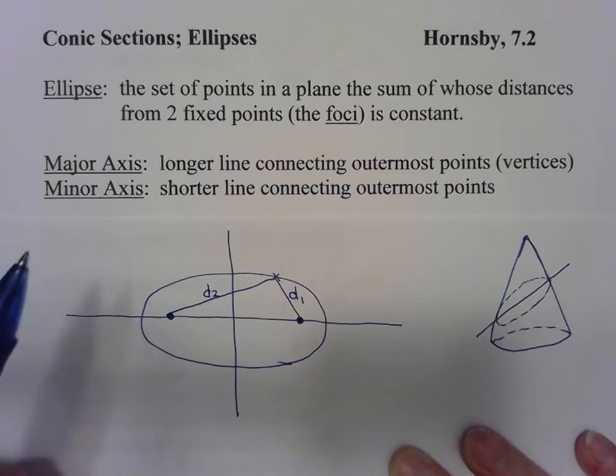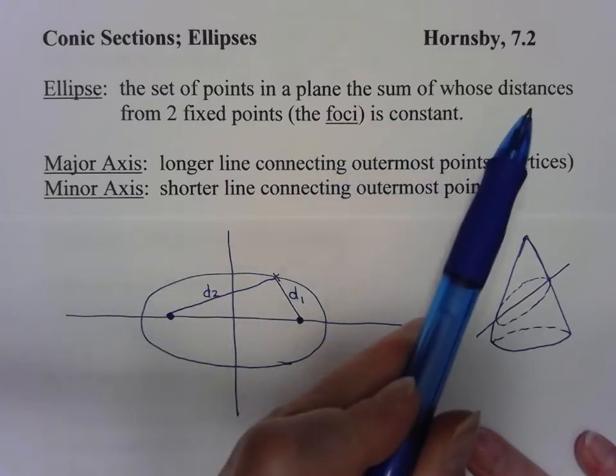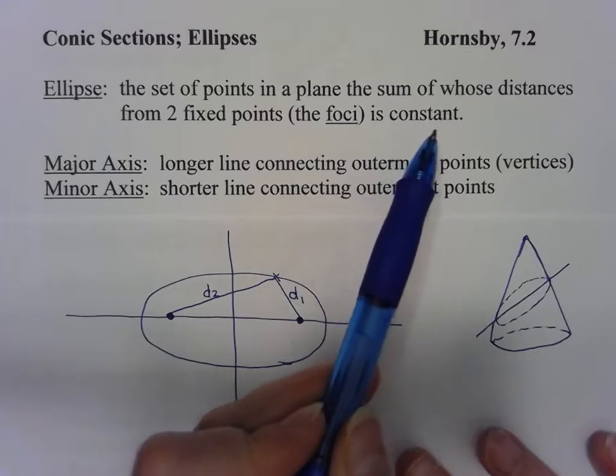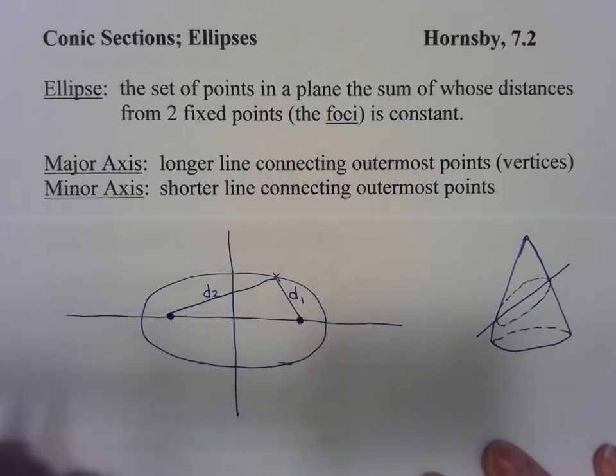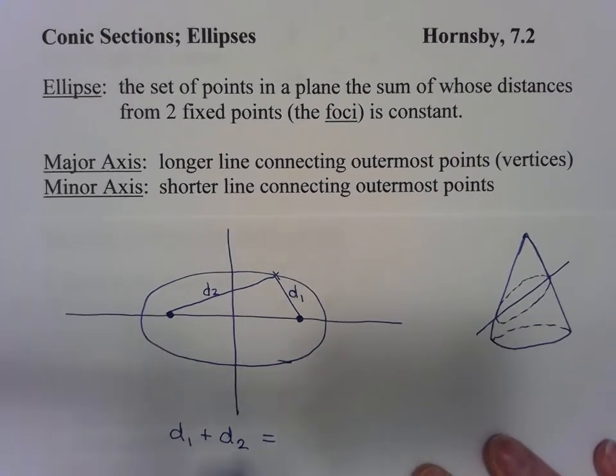The definition says that the sum of these distances is constant or fixed. So it could be any number. Actually, it may be a specific number based on our shape, but either way, it's always equal to a fixed number, a constant. And so that's what the definition is saying.